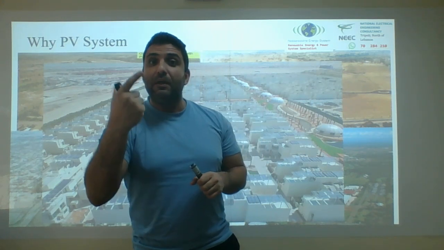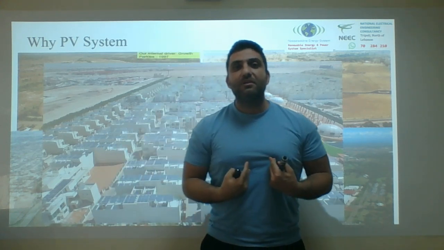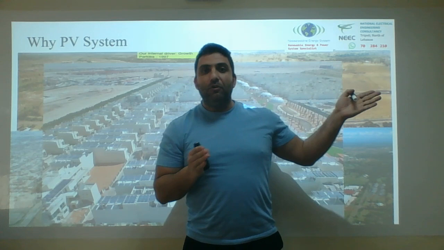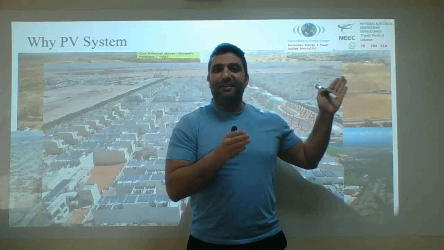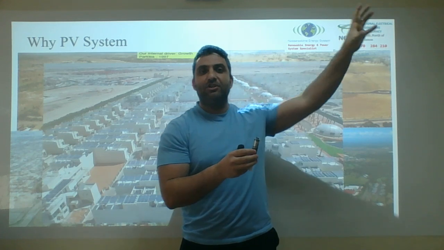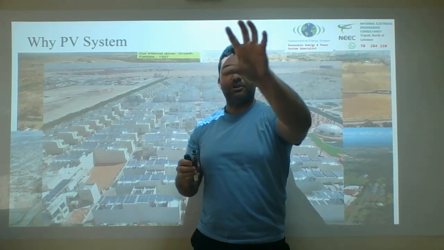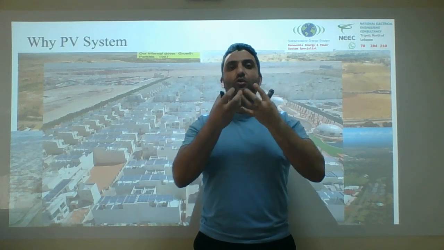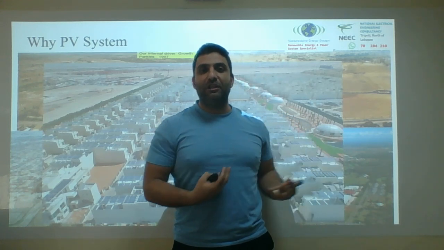That's number one. Number two is that the house is the actual load. If you followed my channel and listened to the power system lecture, the generation goes through the transmission to the load. So I need the load to consume the generated power.